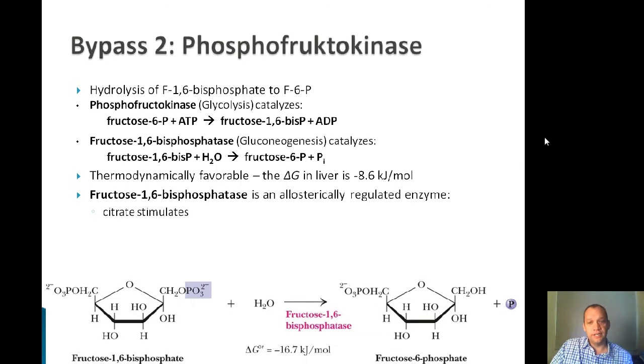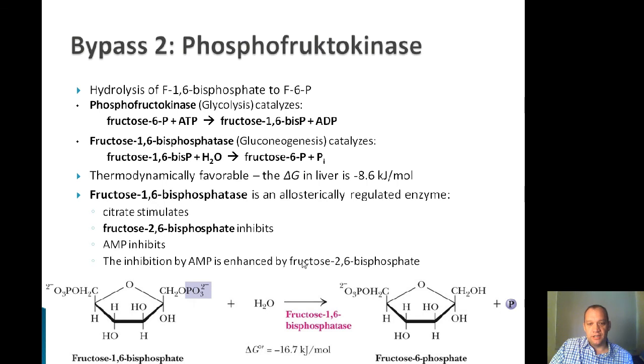It's also an allosterically regulated enzyme, where citrate will stimulate the enzyme, and fructose 2,6-bisphosphate will inhibit the enzyme, and AMP will also inhibit the enzyme. In fact, the inhibition by AMP is enhanced by fructose 2,6-bisphosphate. A little later on in the lecture, we will spend more time on fructose 2,6-bisphosphate, but you will recall from our talks on the regulation of glycolysis that this metabolite enhances glycolysis even in conditions where there's a lot of ATP available.